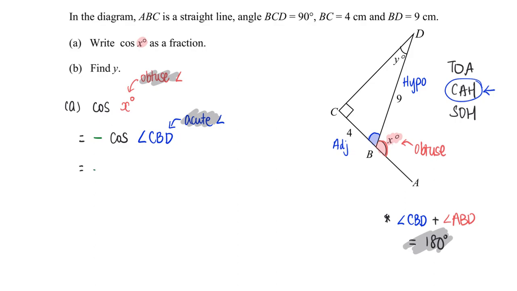So this is simply the negative of adjacent over hypotenuse, which is 4/9, with a negative. Okay, so that is the special relationship between the cosine ratio of an obtuse angle and its acute angle when they are supplementary, adding up to 180 degrees.